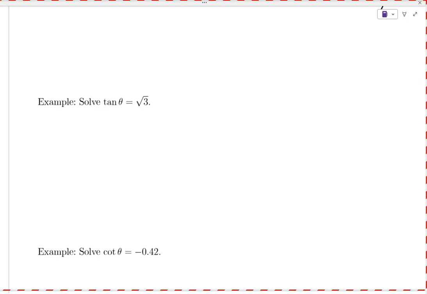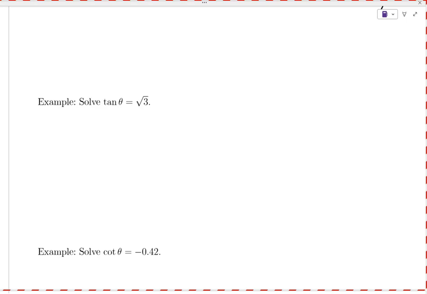Tangent is just slightly different because notice for the sine and the cosine, we needed to go all the way around to 2 pi to find all the solutions because the period for sine and cosine is 2 pi. But what's the period for tangent? Pi, right? So I only need to find the solutions to the equation from 0 to pi, and then I can write down all the solutions.